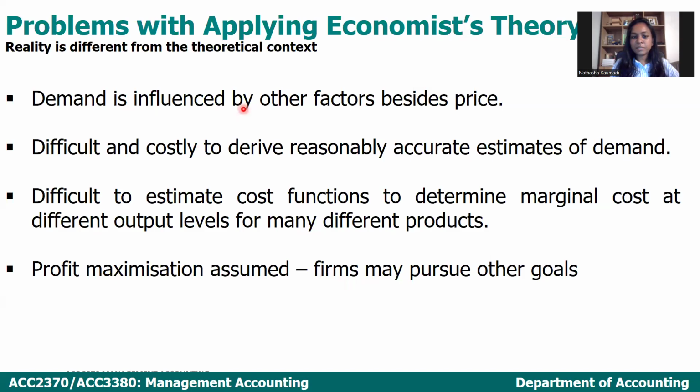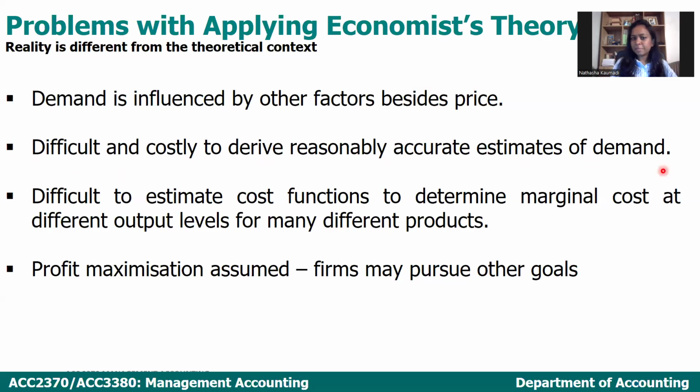Demand is influenced by other factors besides price. What is that? Now, apart from the prices, demand is influenced by other factors as well. In economics theory, it only focuses on the price. But demand is influenced. ඉල්ලුම වෙනස් වෙනවා වෙනත් කාරණාවන් මතත්. Demand is influenced by other factors as well. So that is one limitation, one problem. Difficult and costly to derive reasonably accurate estimates of demand.